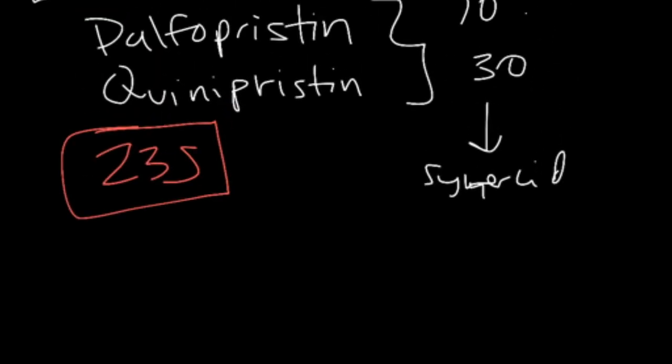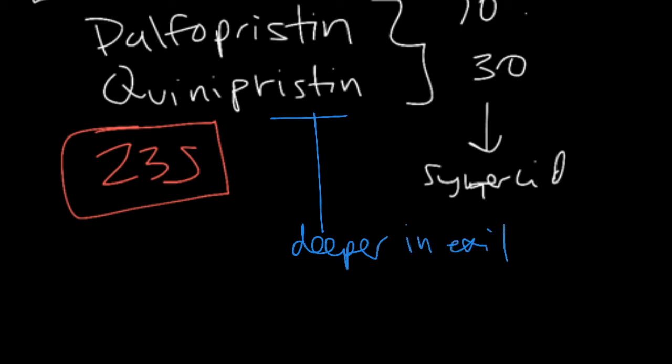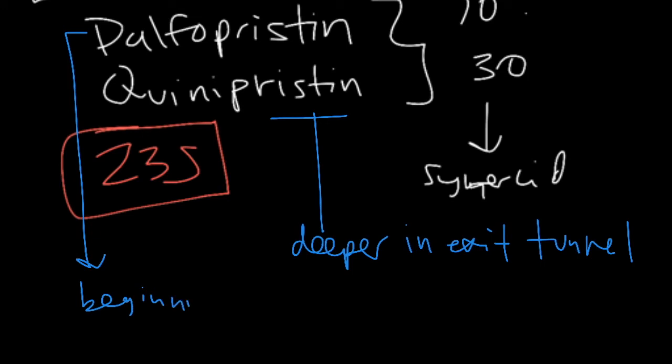Before I go on, quinupristin binds deeper in the exit tunnel. And dalfopristin binds at the beginning of the tunnel. And together they act synergistically. So this is a synergistic interaction.